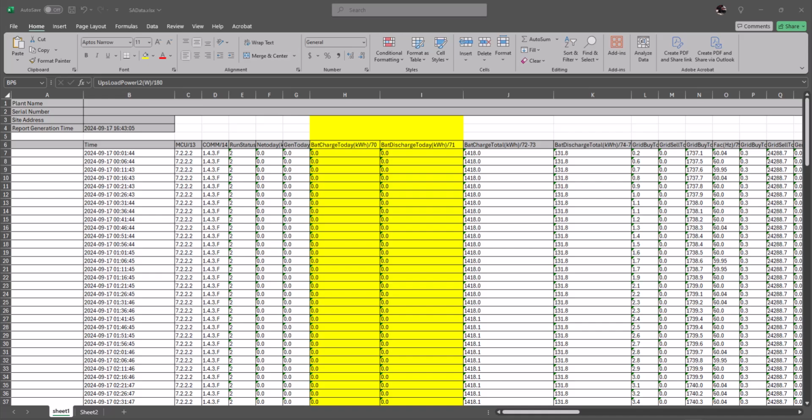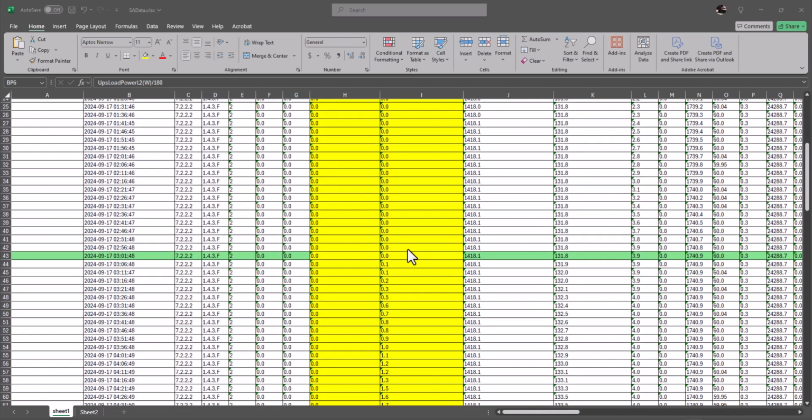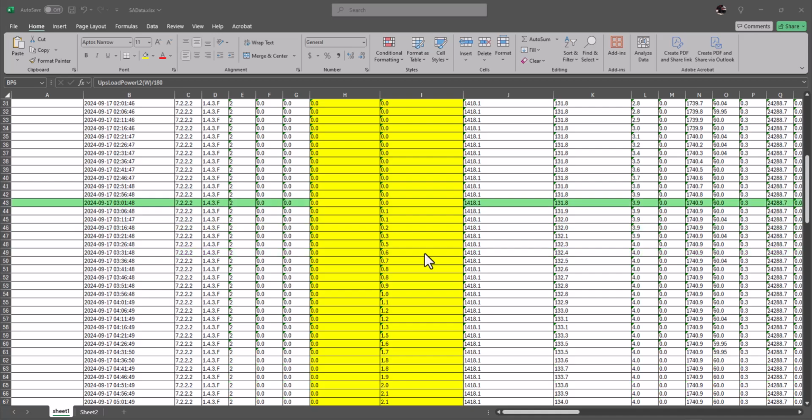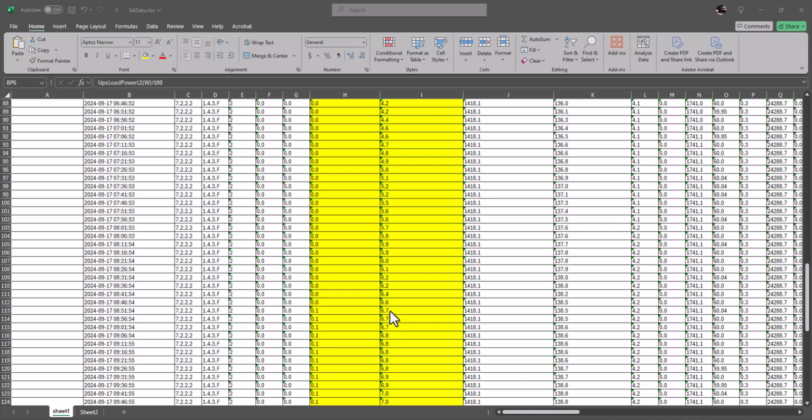Ideally, the calculation I'd like to do is to calculate how much the battery totally discharged during a certain window of time, and then how much load power I provided over that time. Unfortunately, I have the total discharge over a day, so you can see that starting at 3 o'clock, when my time of use kicks in, I start pulling from the battery, and then as I start getting solar here in the morning, it starts charging the battery.